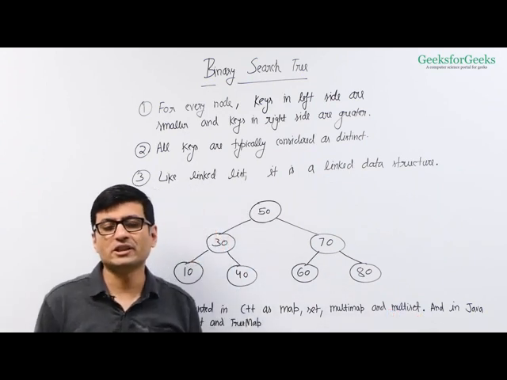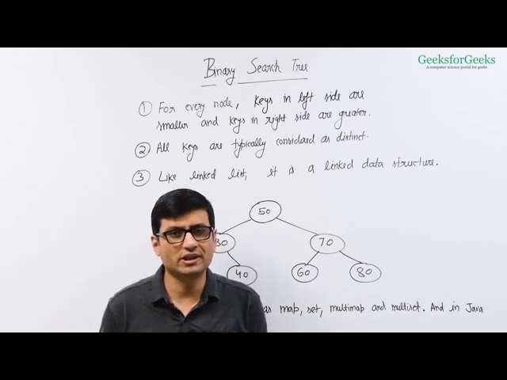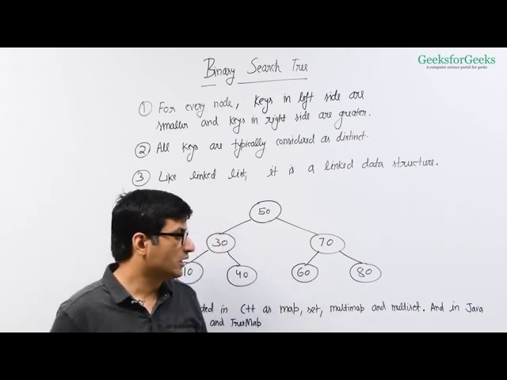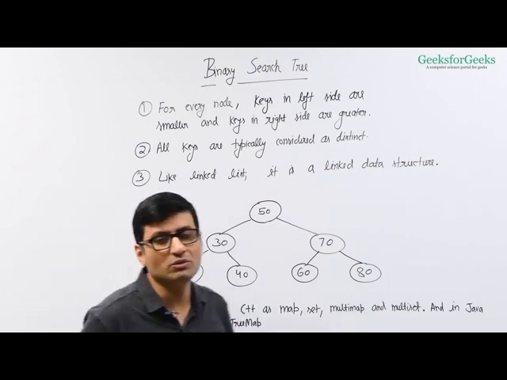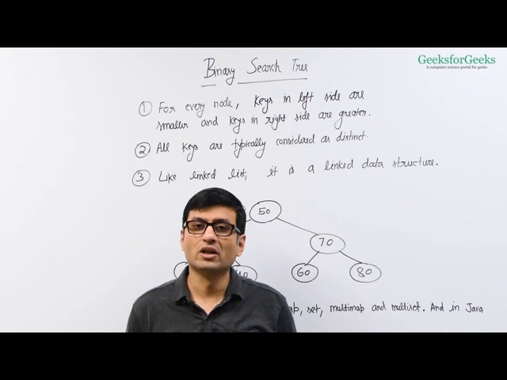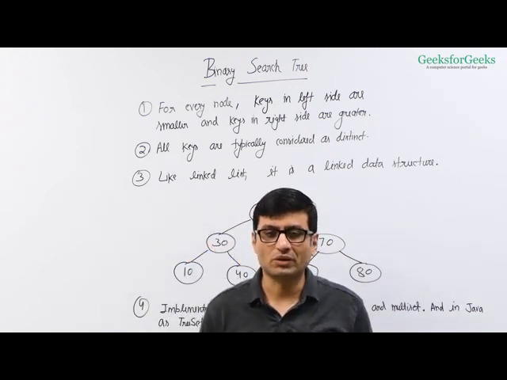All these containers implement binary search tree, in particular, self-balancing binary search tree. In Java, there are containers, tree set and tree map. They also implement self-balancing binary search tree. We'll talk about self-balancing binary search tree in the upcoming videos.